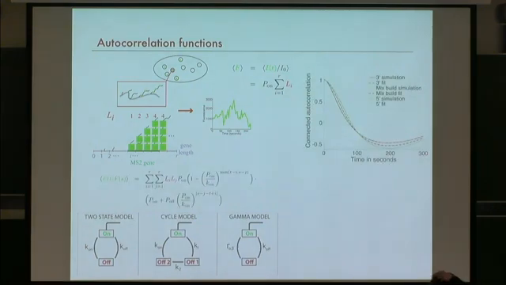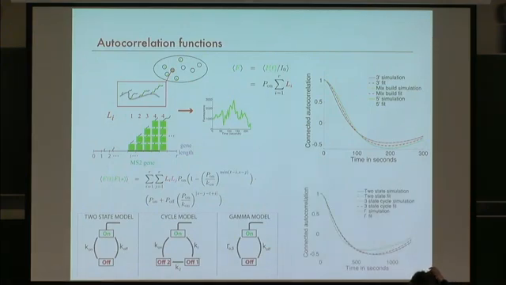And so for each of these cases, we can analytically calculate an autocorrelation function and a cross-correlation function. This is just a comparison of the simulations to the analytical calculations to show that it works for the case where you put the reporter at the 3' end, the 5' end, and somewhere in the middle, and for the different kinds of models.